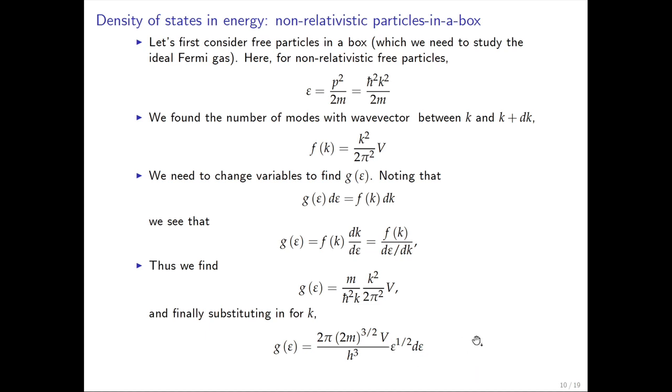So that's it. That's our density of states in 3D for particles in a box. Now you'll see you get a different dependence in 2D and 1D, as you might expect. But that's what we'll work with now. So now we have that, we can move on and solve some more interesting problems.